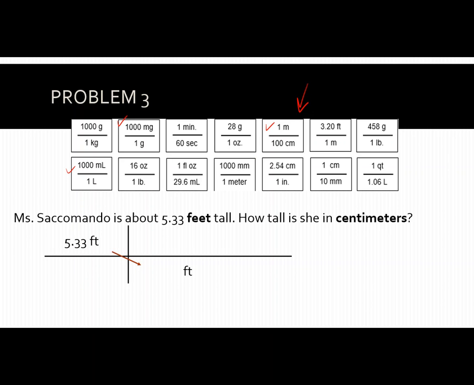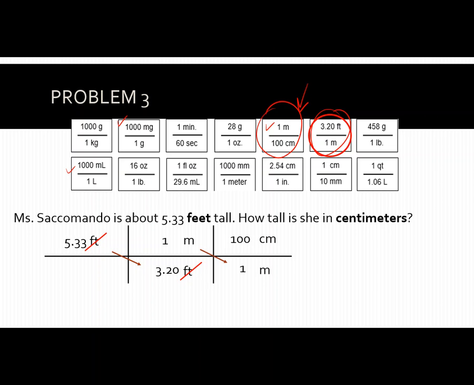So feet go on the bottom. Now we're going to go to the meter right here. And we insert 3.2 equals 1 meter. The feet cancel. I'm going to keep adding to my track. Now I'm going to diagonal down the meter. And now I'm going to go to centimeter on the top, which I'm going to use this one right here. 100 centimeters equals 1 meter.